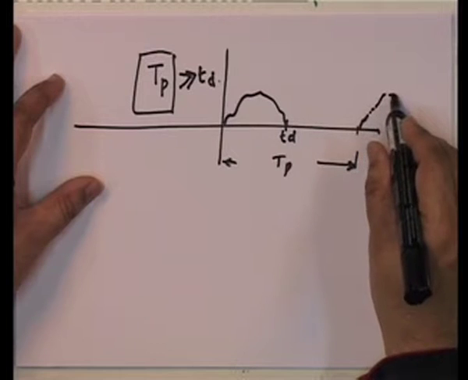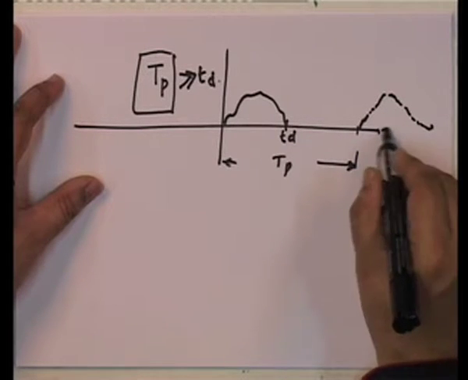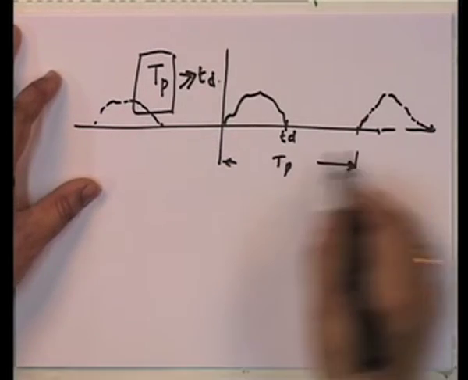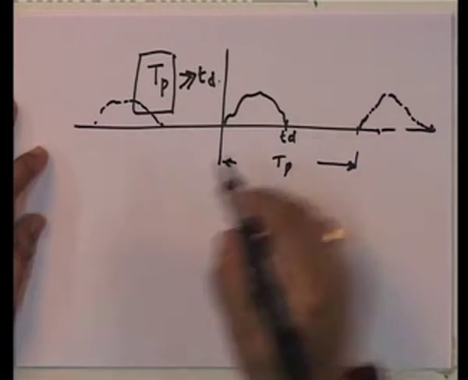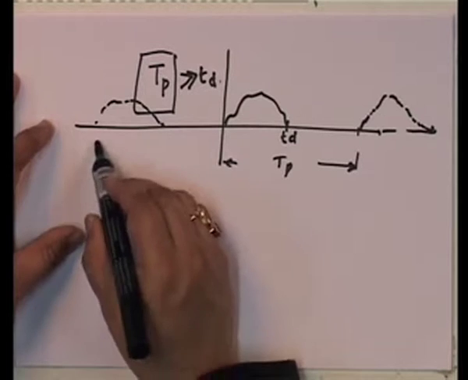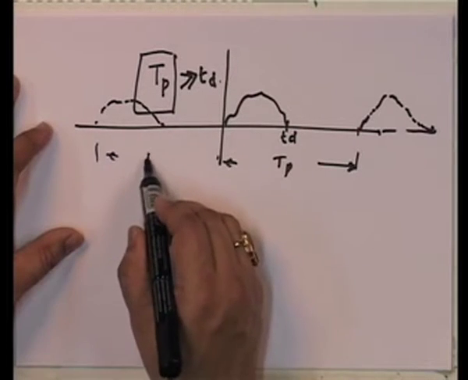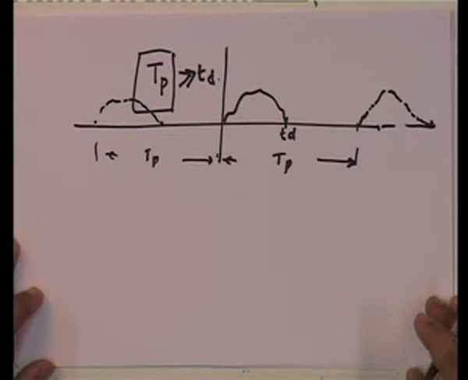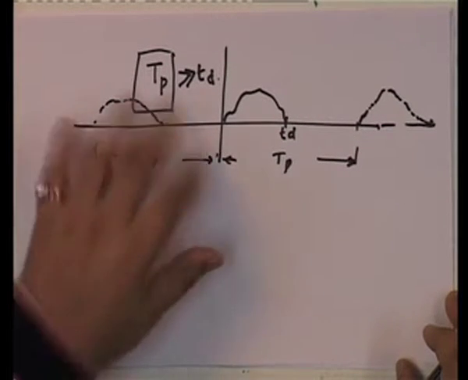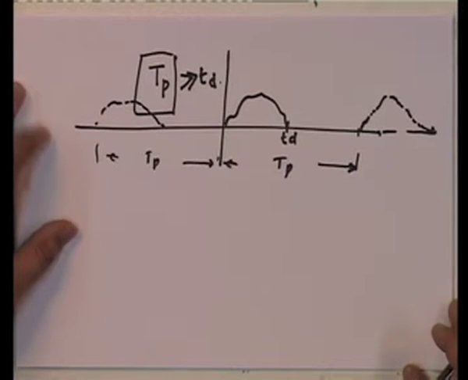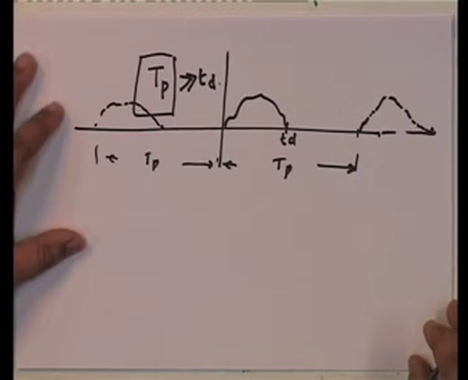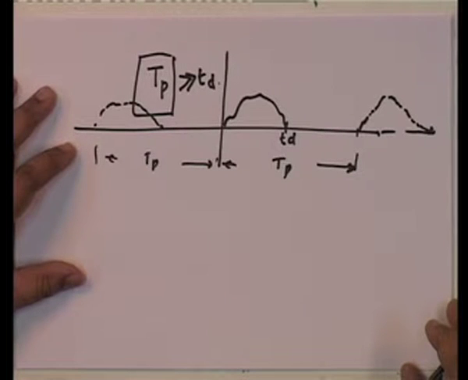And so, I am assuming that there exists another load, and there will be one like that every T p. So, T p is much greater than the duration. That is our assumption.